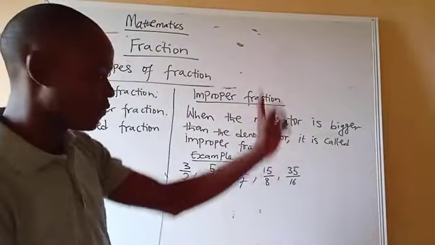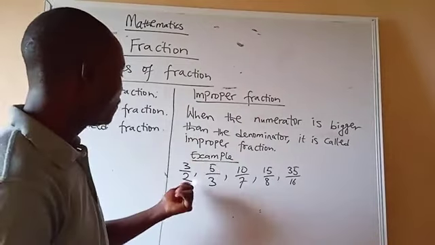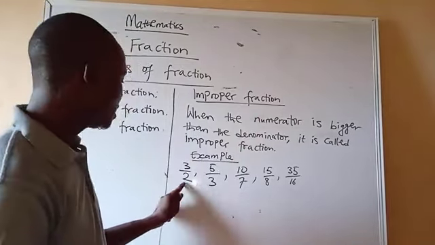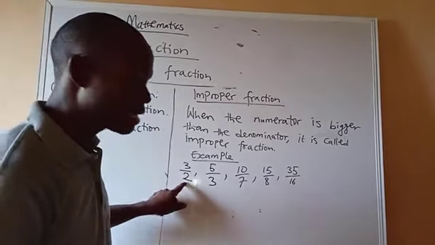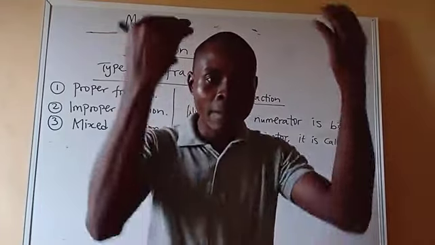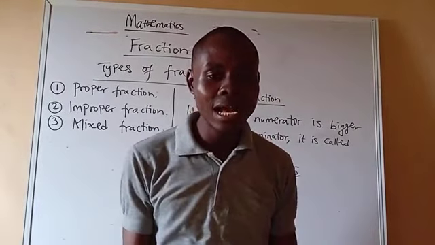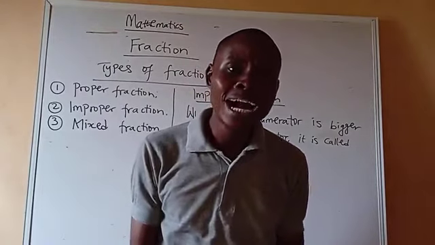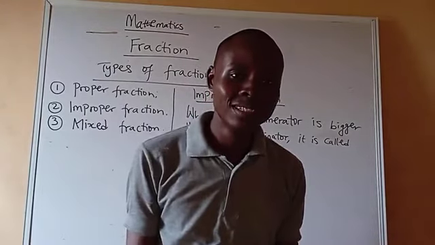In the other fraction, which is proper fraction, I said that the denominator was not complaining. But in this case now, it's like me going to carry a car and put it on my head. Or go and carry this water tank, GP tank, put it on my head. What will happen? I will just collapse. Do you understand?